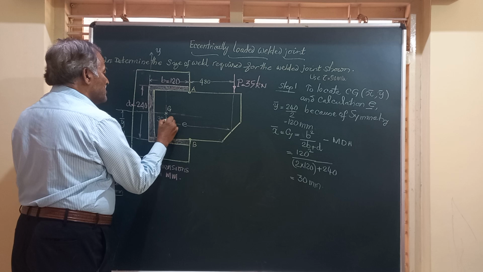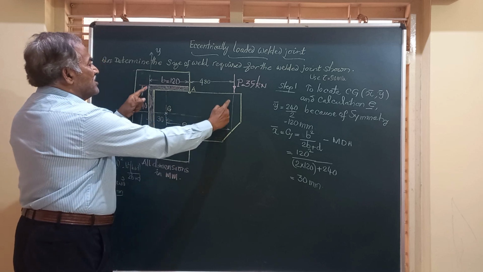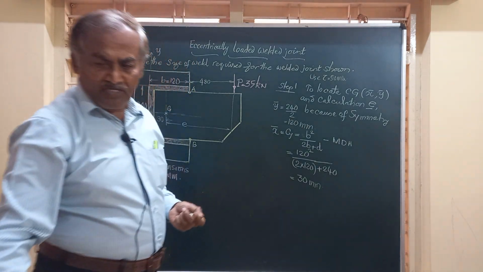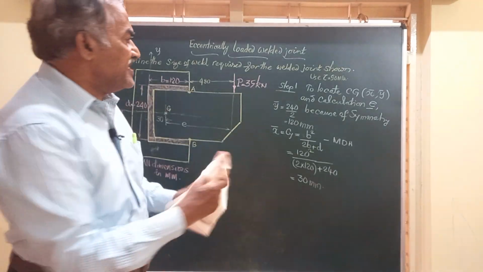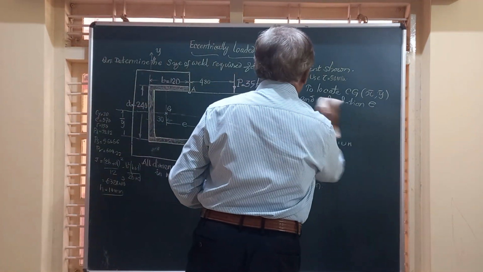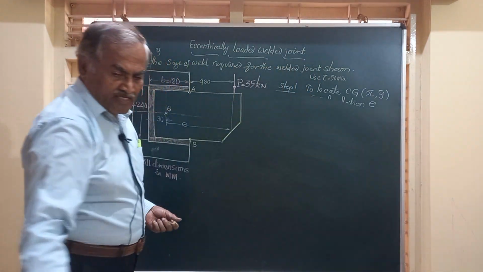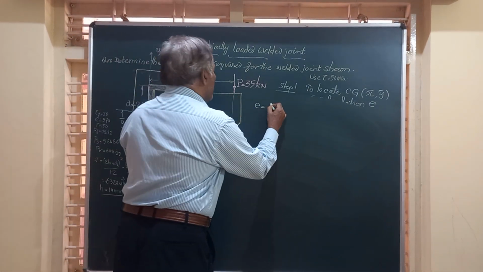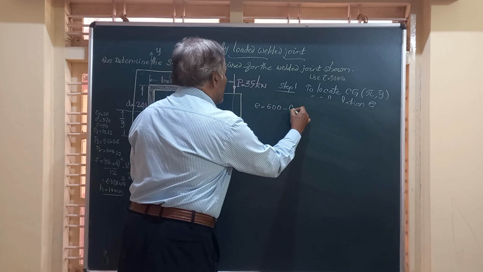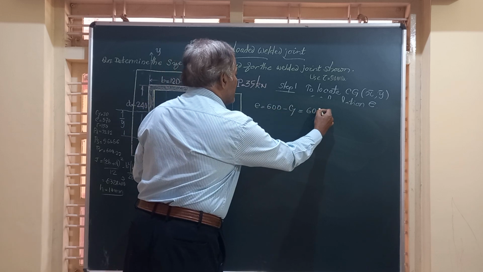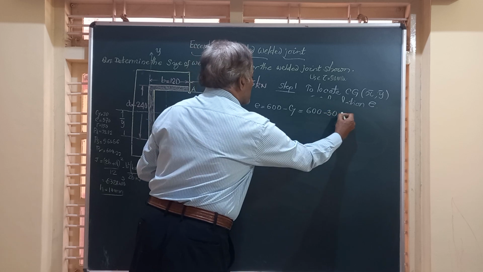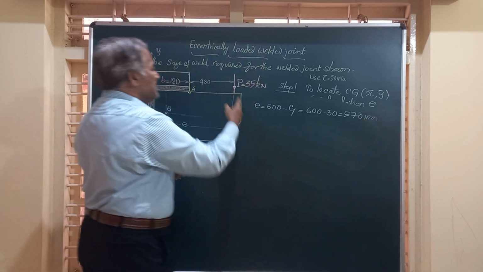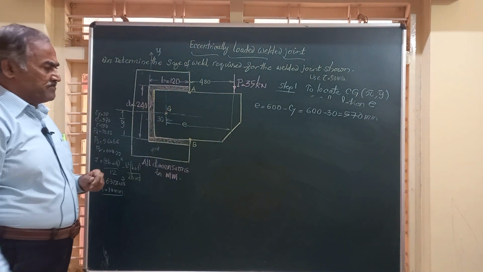So 600 minus 30 is 570. So I will just write down here the eccentricity E is equal to total, that is 600, minus Cy. 600 minus Cy, which is 30, is going to be 570 millimeter. It is the distance between the load axis and CG.